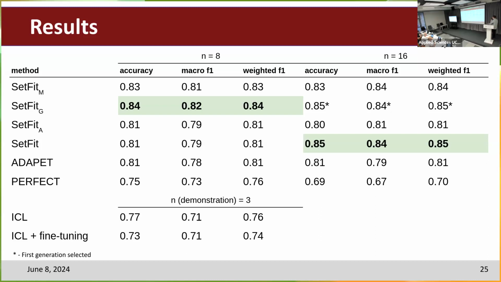So basically, these two are the same. And PERFECT shows about the worst results, at least in the 16-shot setting, and in-context learning, despite relying on by far the largest models among the ones tested, also has quite moderate performance.